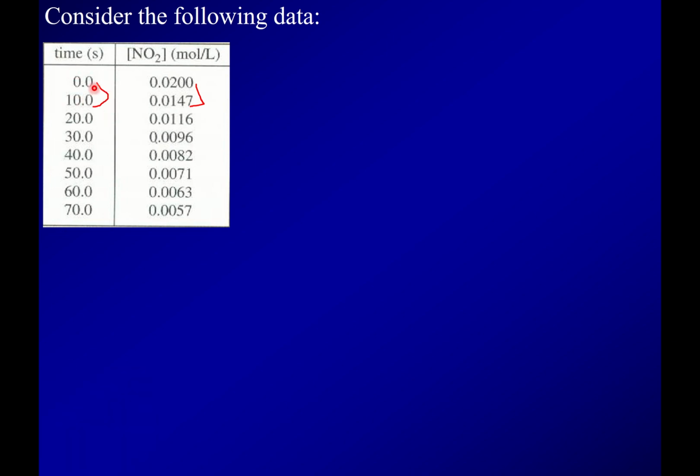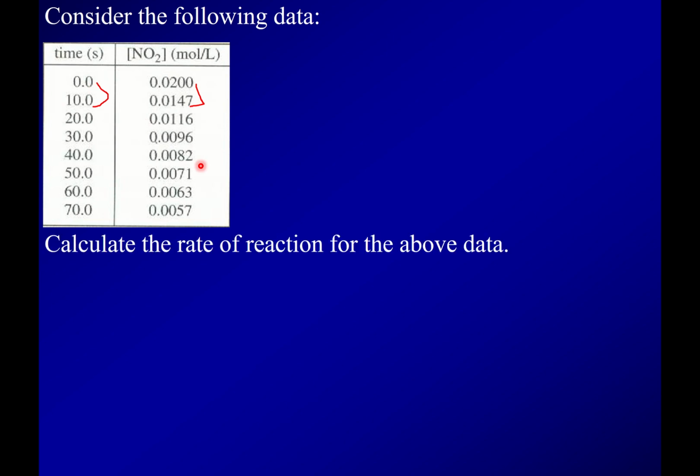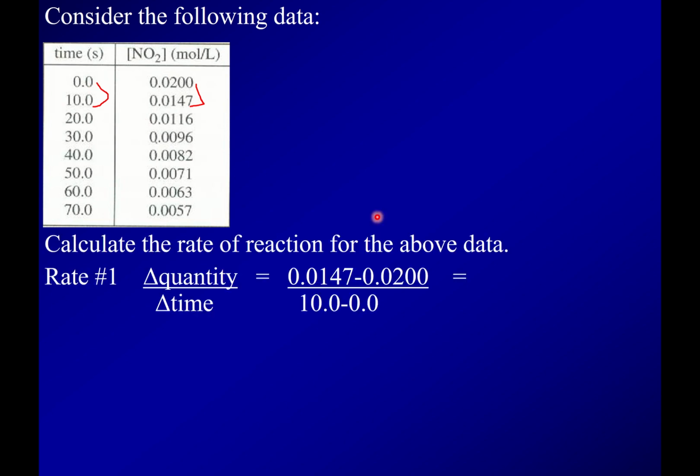So here's our first rate that we're going to calculate. If we subtract, that gives us a rate of negative 0.0053 molarity, so it's changing in molarity per second.